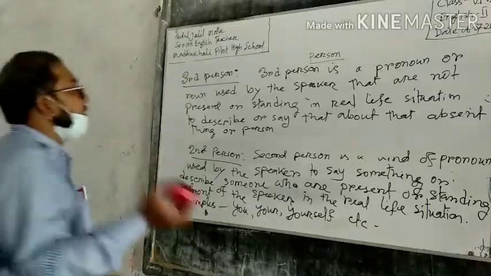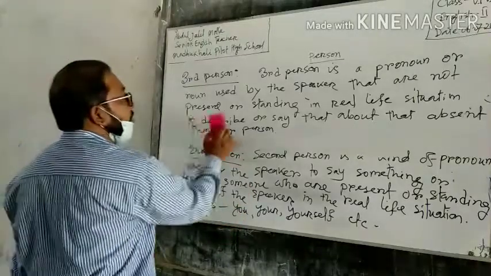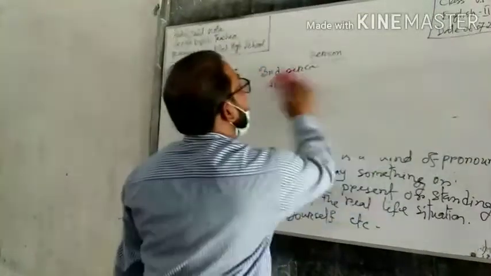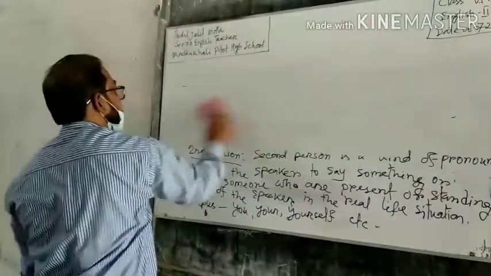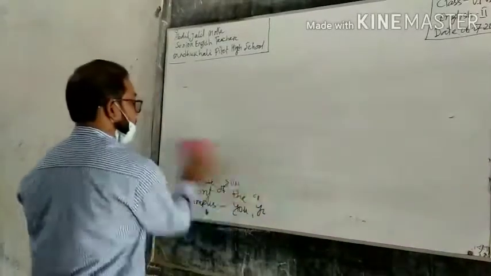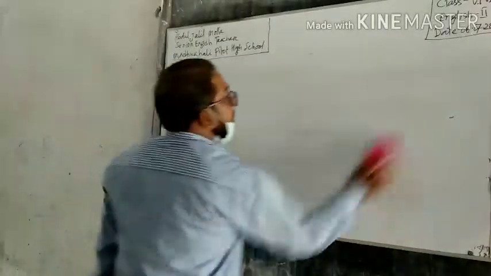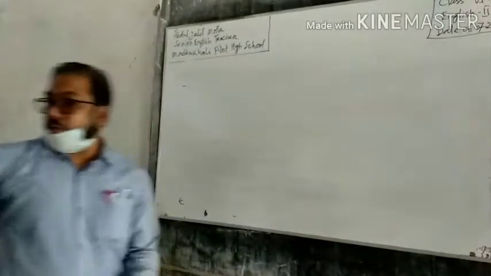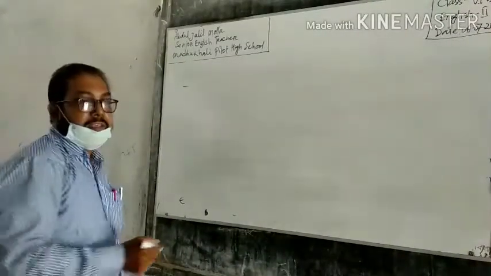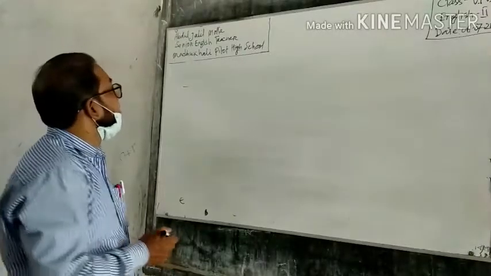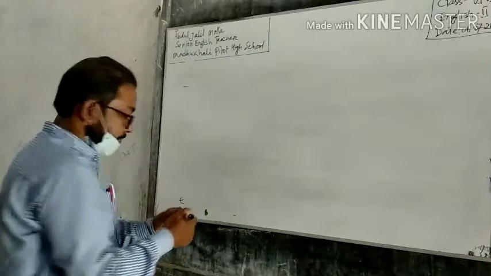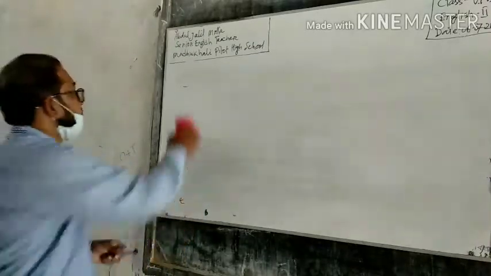Now I am erasing the board and going to the next point. Now I am giving you a chart, a graph chart containing different choice of persons and their different forms.